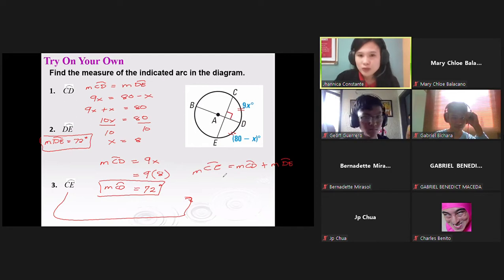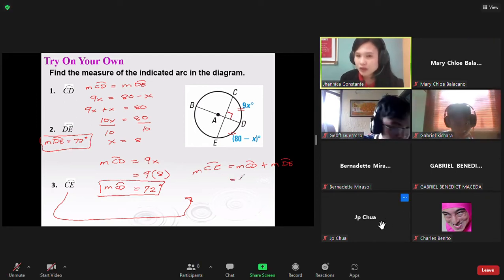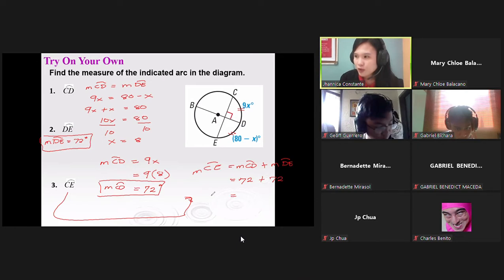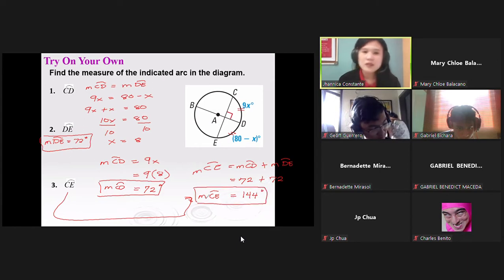So 72 degrees plus 72 degrees, the measurement of the entire minor arc that we have in our circle, is equal to 144 degrees. So that is the measurement of the arc CE that we have.